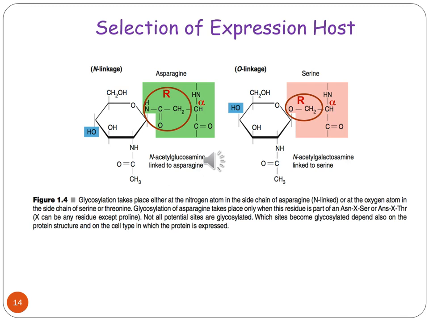The side chain has an oxygen, and from this oxygen, the sugar will be linked. So this means the O-linked glycosylation, or when we say the N glycosylation for asparagine, it means the oligosaccharides are added to the N atom of the R chain of the asparagine.